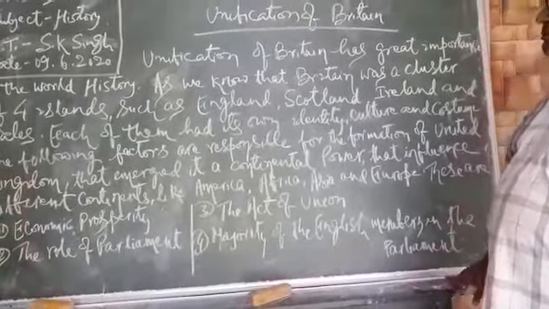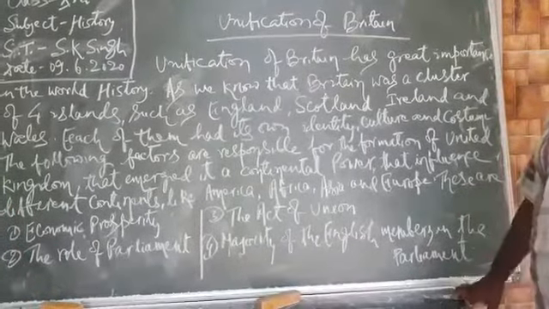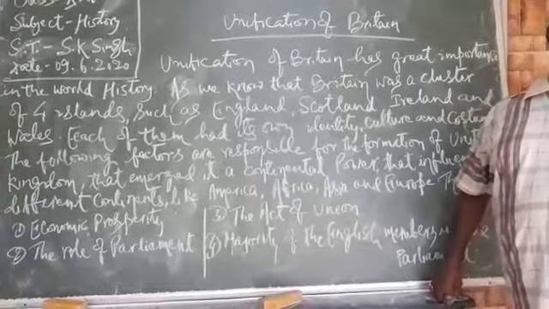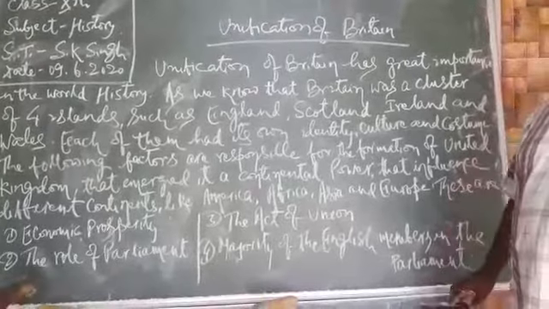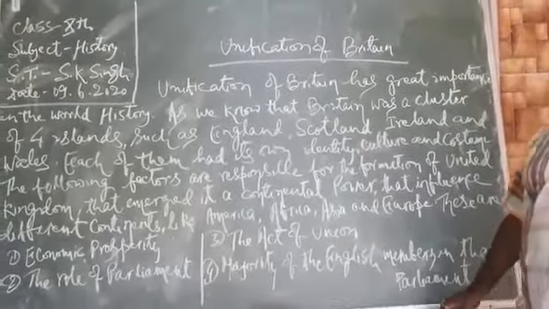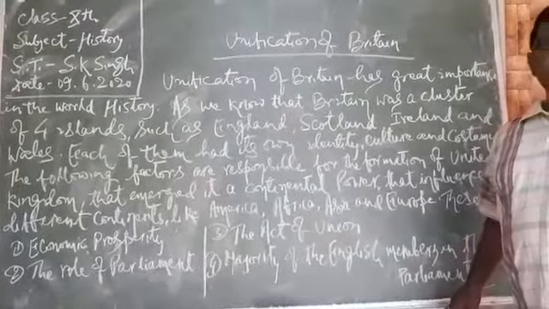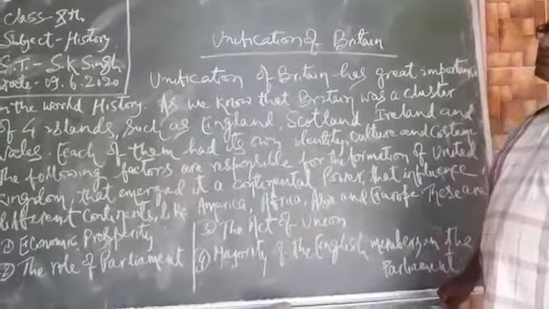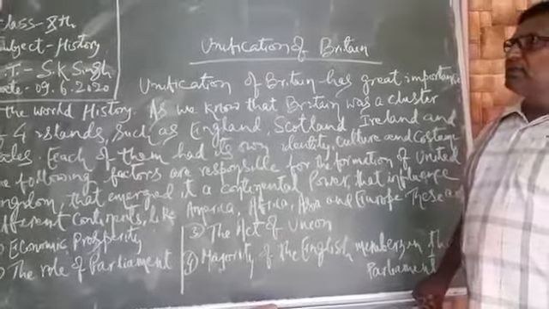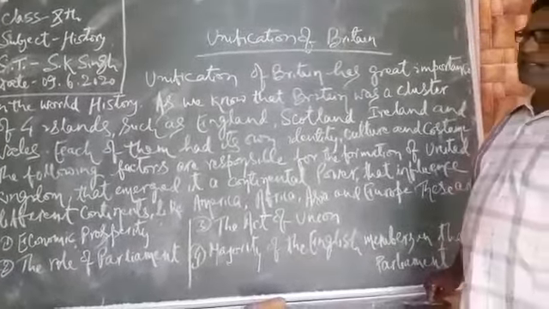Here we see there are four factors that made the United Kingdom one of the most important and dynamic countries of the world. The first is economic prosperity. When the Industrial Revolution took place there, due to the Industrial Revolution, the middle class people emerged as the most powerful section of the country.